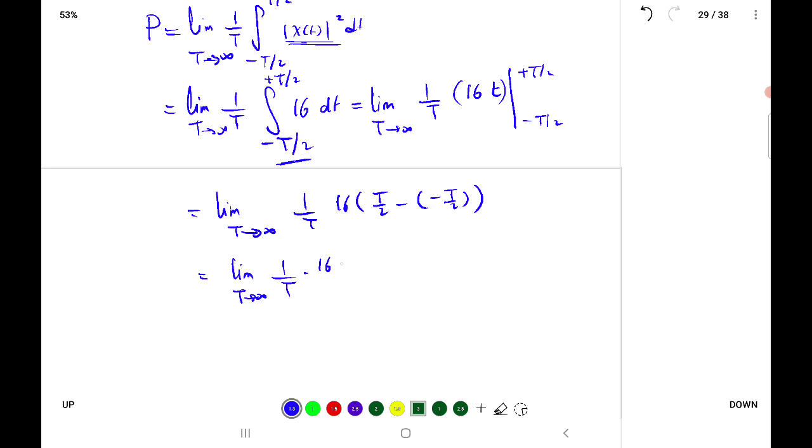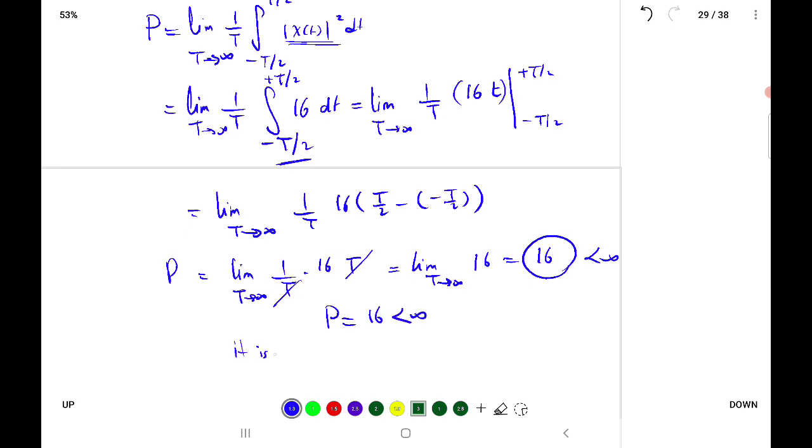You have 16, and then T over 2 minus minus will be plus, so it will be T. So T cancels with T, so the limit of 16 is 16. Yes, the power is limited, it is less than infinity. That was the power expression. So the power is equal to 16, which is less than infinity. It is a power signal.